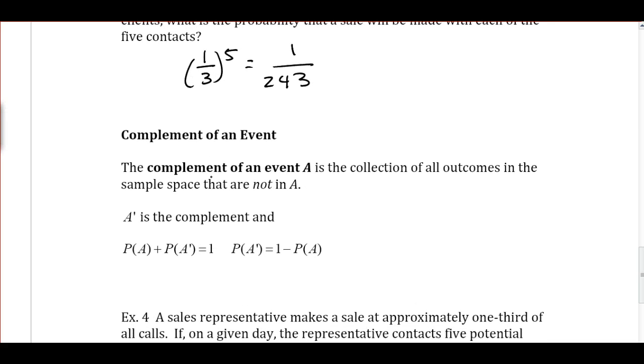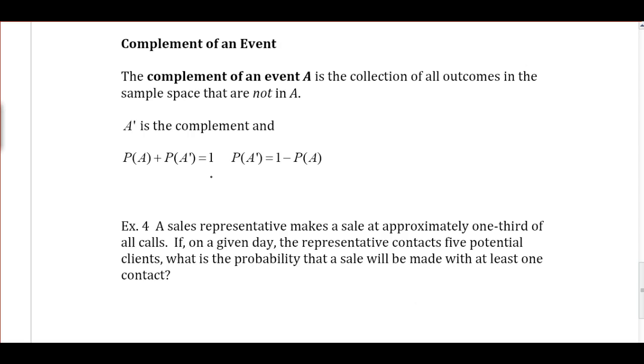When we talk about the complement of an event, it's the collection of all outcomes in the sample space that are not in A. A prime is the complement, and the probability of A plus the probability of the complement of A is going to be 1.